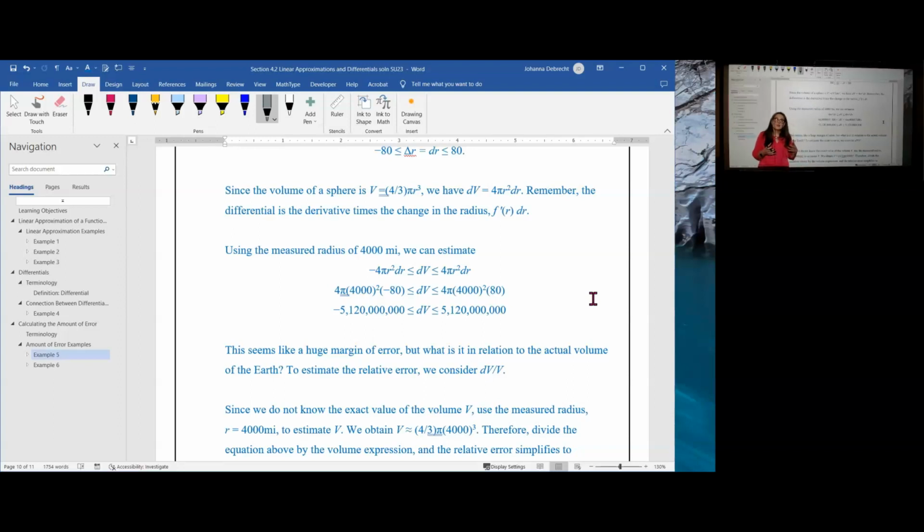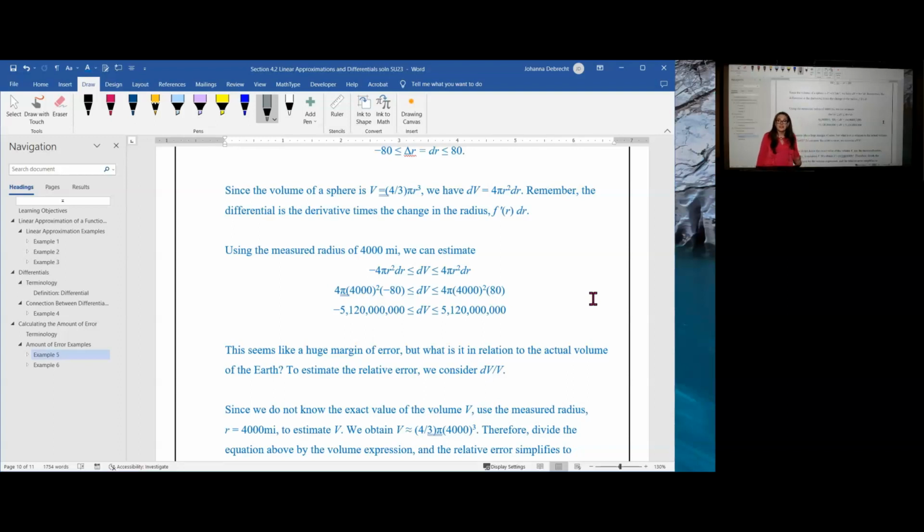But what is it in relationship to the actual volume of the Earth? Is this a large percentage of the volume, in which case it's not a good approximation, or a small percentage, in which case it is a good approximation? To estimate the relative error, we're going to compute this change in volume that we see here with the volume. We're going to divide dv by v.